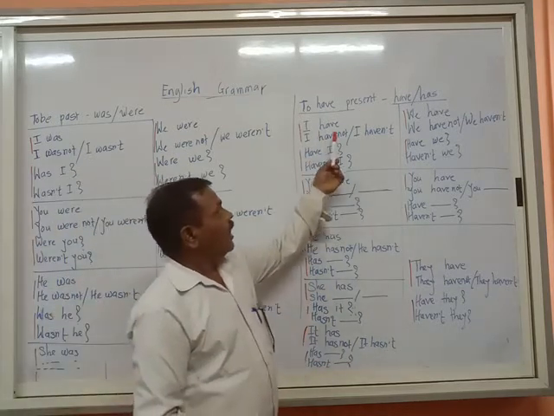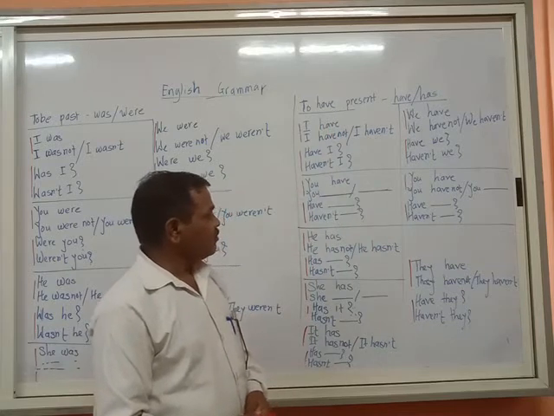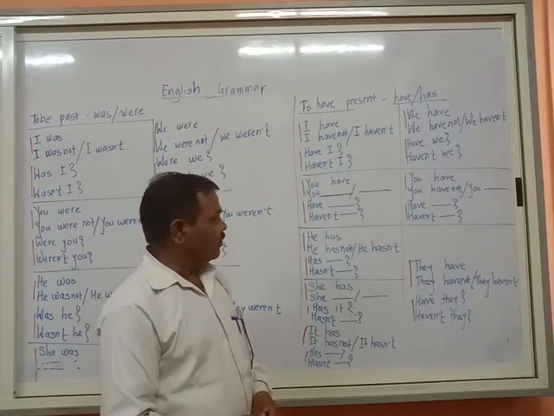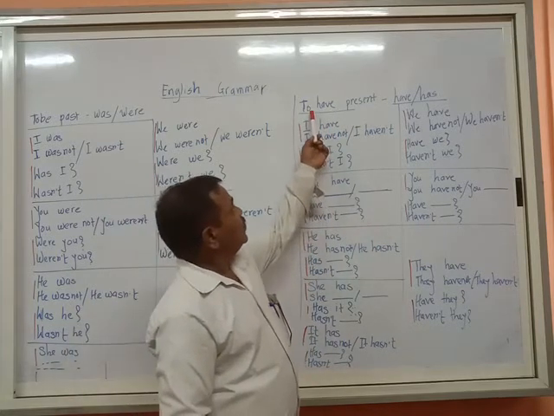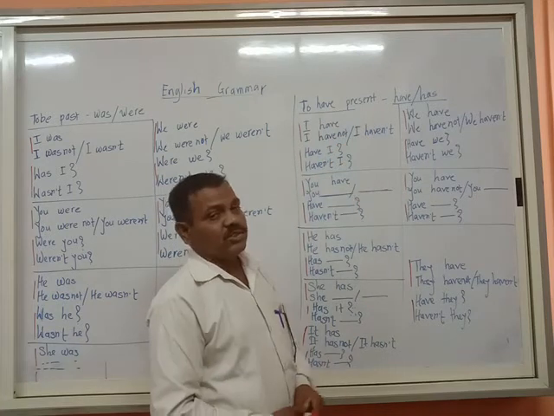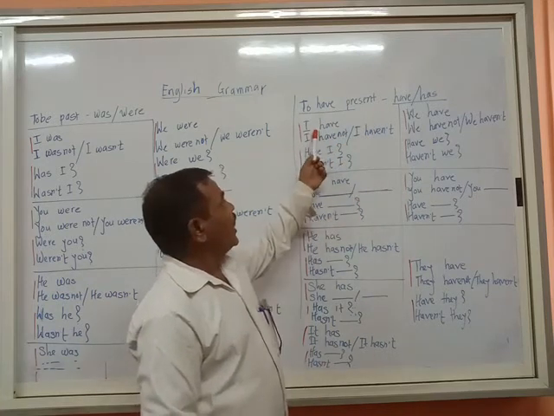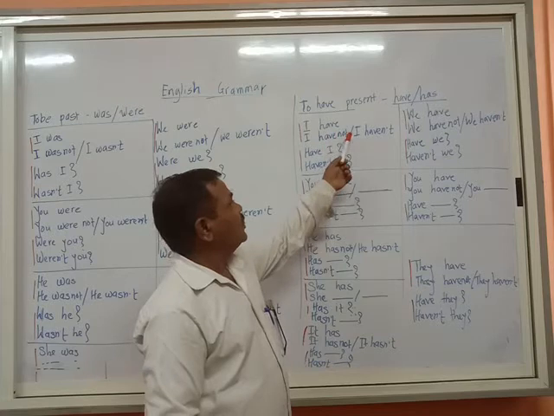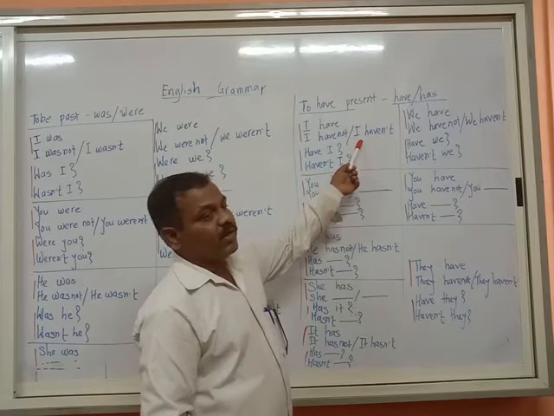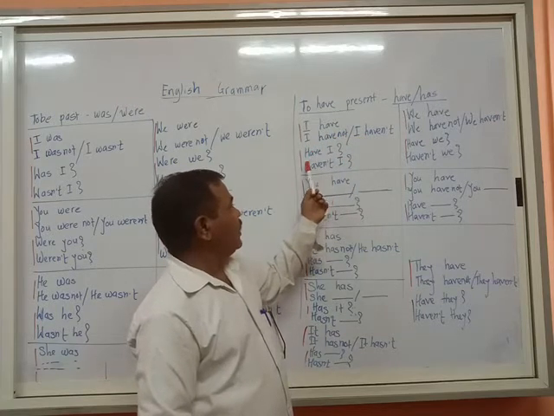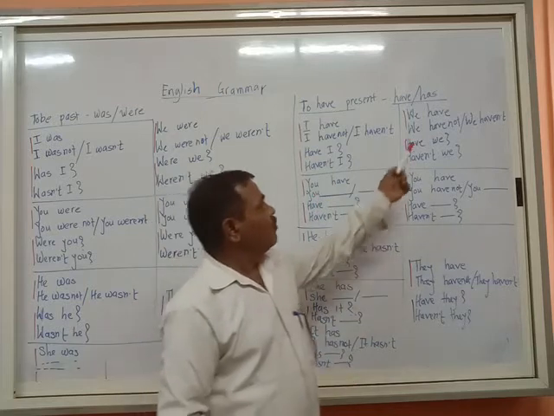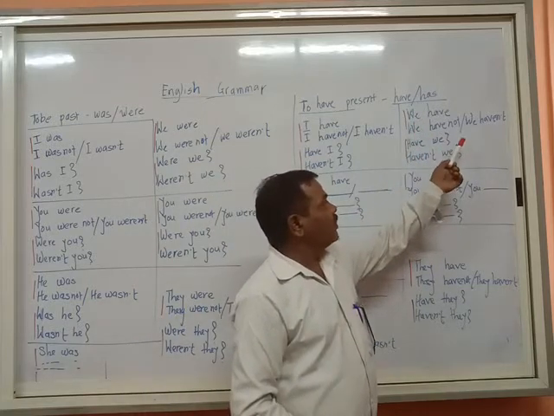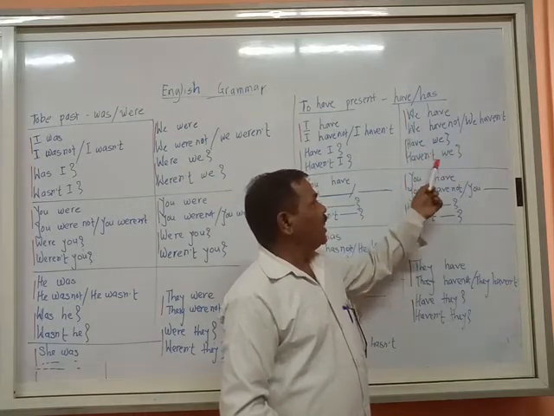Now have and has. Have and has you have to complete. To have present tense, have and has. See, I have not, I haven't. Very fine, I haven't. Have I, haven't I. We have not, we haven't. Have we, haven't we.